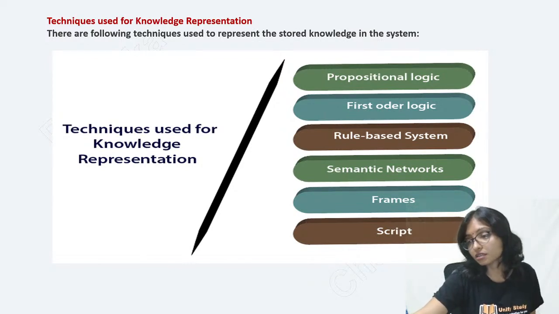Efficiency, directly. IE means inferential. Inferential adequacy: gain knowledge. From how? Understanding. Representational adequacy, all kind of knowledge.